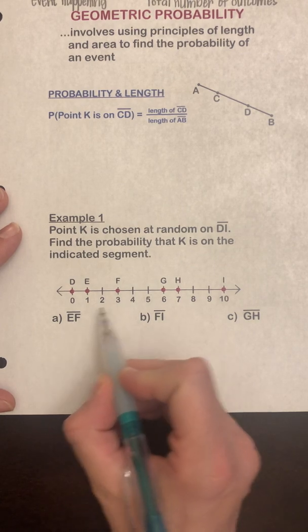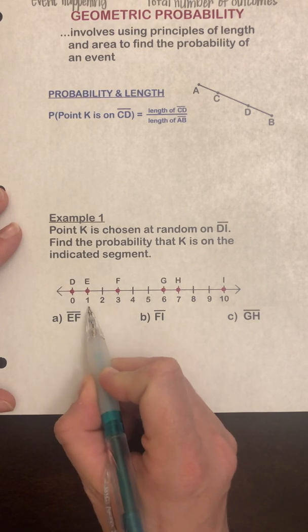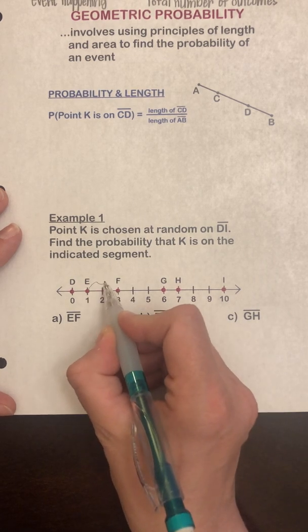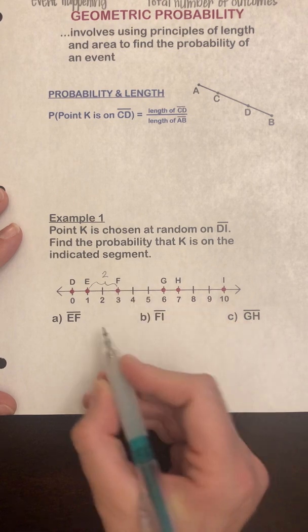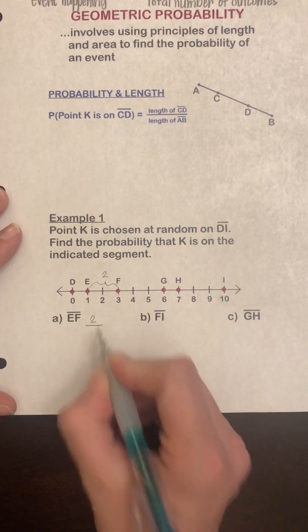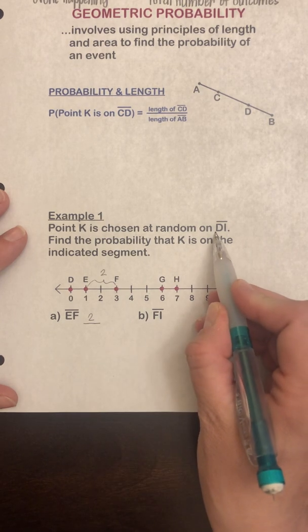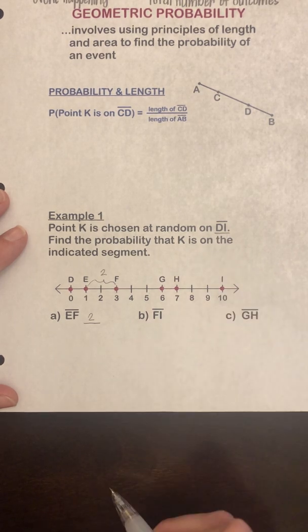Now look at EF, the length of EF. E is on 1, F is on 3. That gives us a length of 2. So we have a 2 for our numerator because our point could fall on any part of that segment EF. And then we want to put that over the total number, which is talking about the entire line segment of DI.